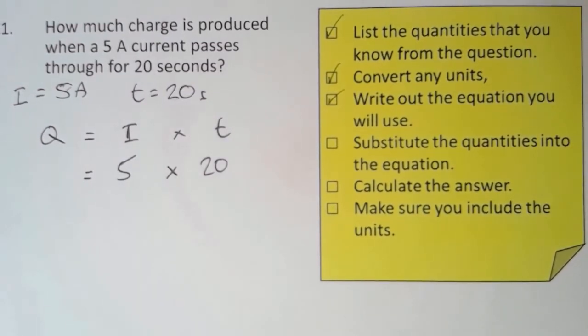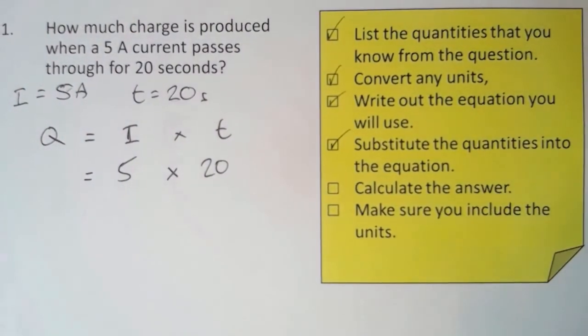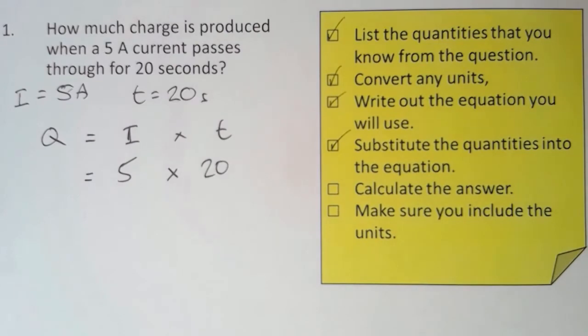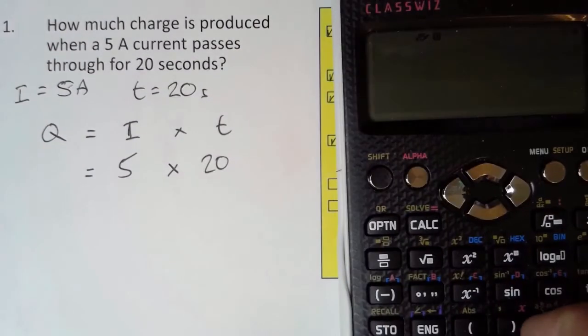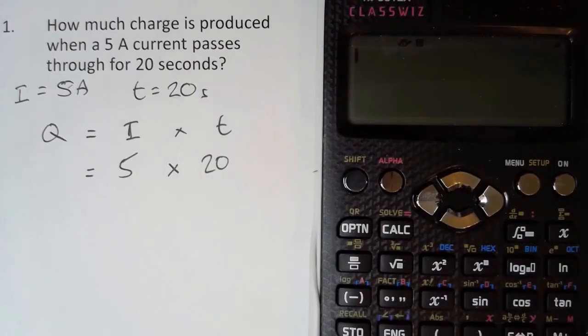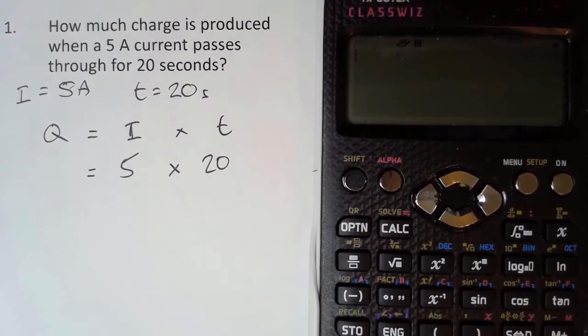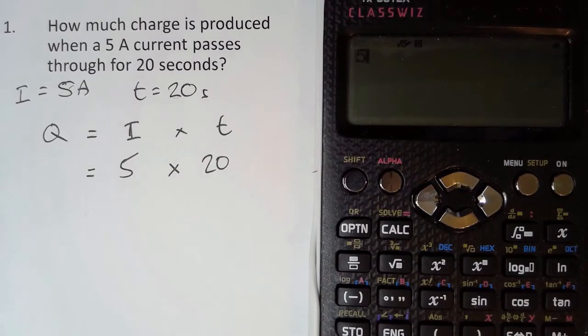That makes it a lot neater and easier to follow. So substitute the quantities into the equation. Calculate the answer. Now, a lot of you are going to jump straight in and not use a calculator. I can see why. Okay, you know your 5 times table, but I would always recommend in examination conditions use the calculator, no matter how simple it looks. So 5 times 20 is 100.